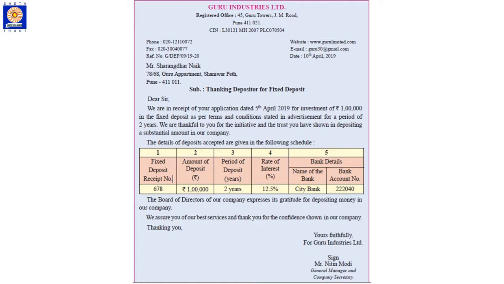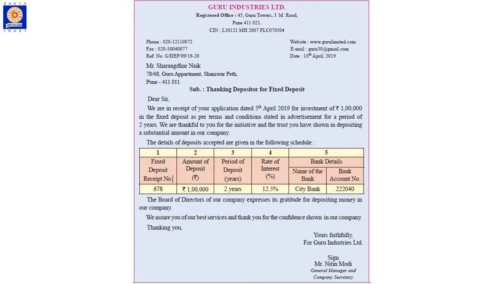Then on the left side below CIN you can see the phone number and fax number. On the right side, the website and email address. This is all the first part, the header section of Guru Industries Limited.